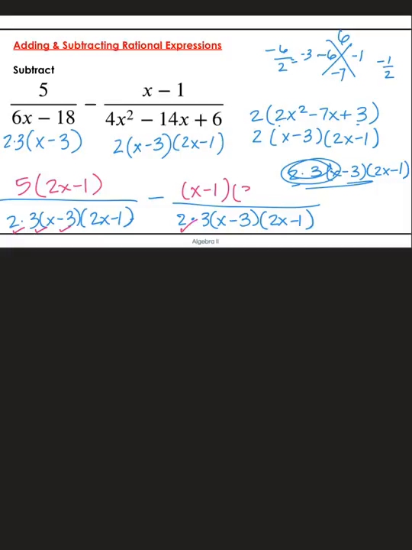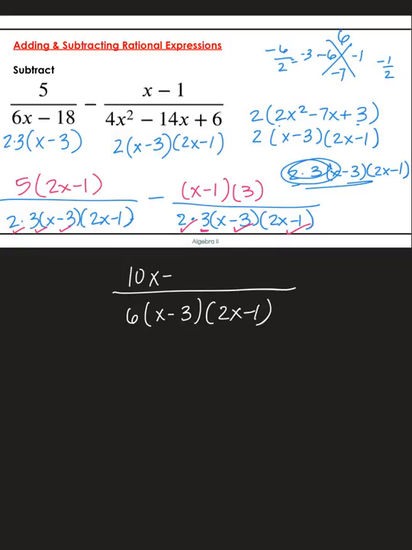I don't have a 3. I have an x minus 3, and I have a 2x minus 1. So now I'm going to keep my denominator, and now we can multiply that denominator out. So we can have 6 times x minus 3 times 2x minus 1. And then in my numerator, I'm going to have, on this side, 10x minus 5.